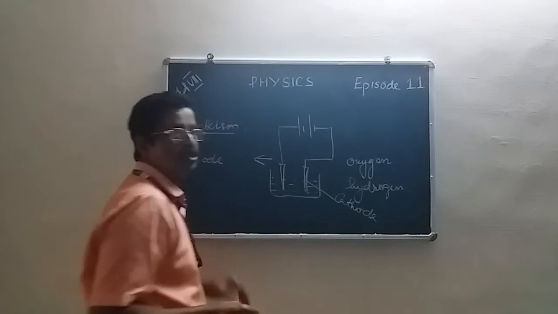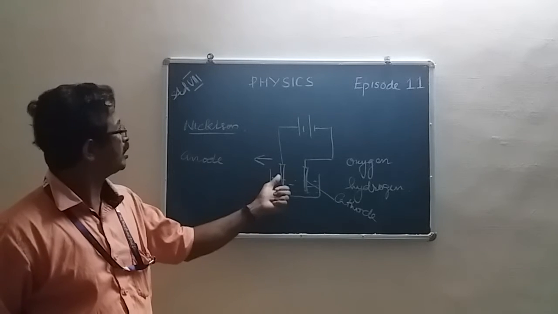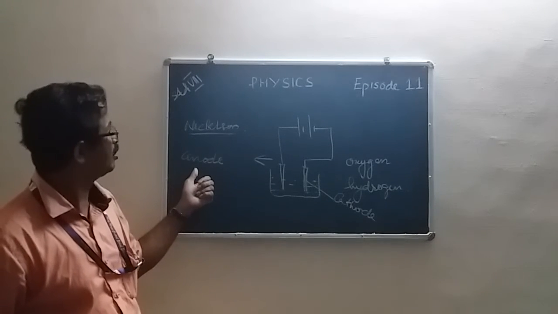There are two electrodes. One is the anode. How can we find it as anode?